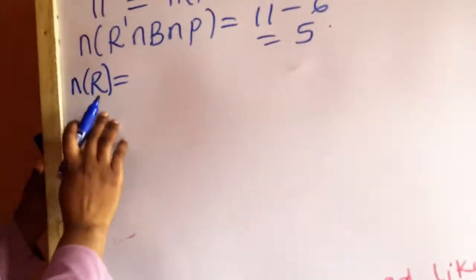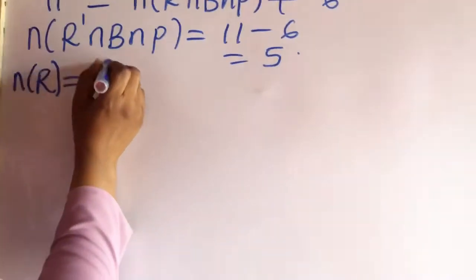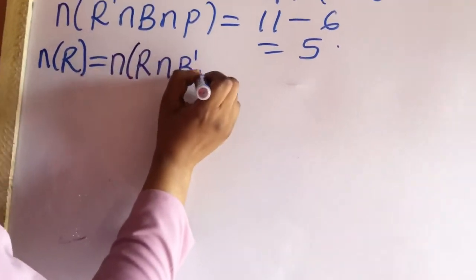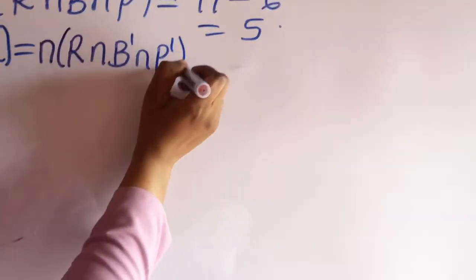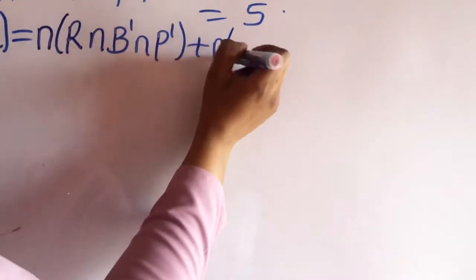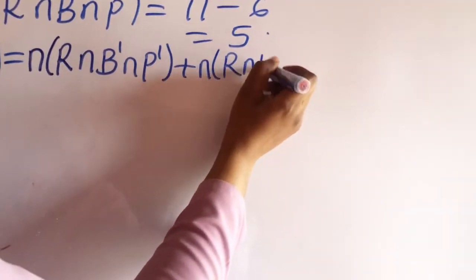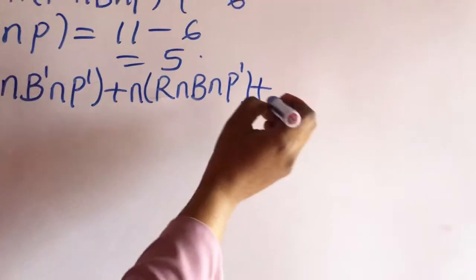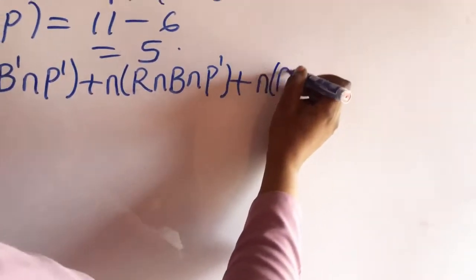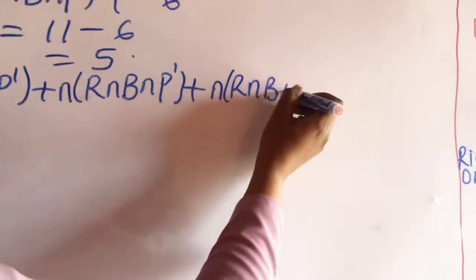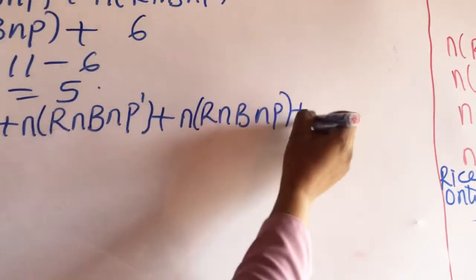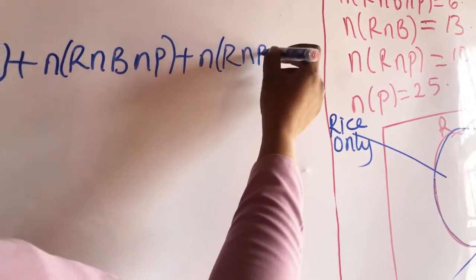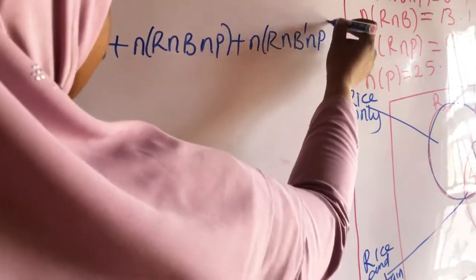Now, cardinality of rice consists of cardinality of R intersect B prime intersect P prime plus cardinality of R intersect B intersect P prime plus cardinality of R intersect B intersect P plus cardinality of R intersect B prime intersect P.